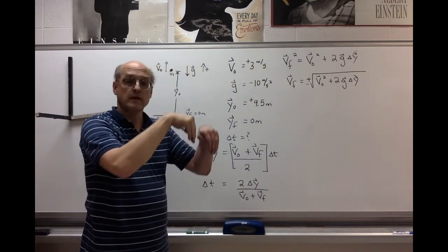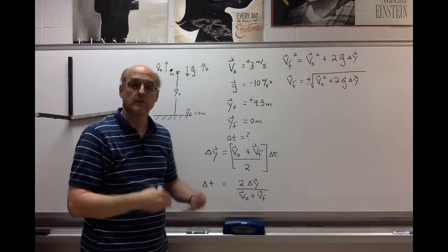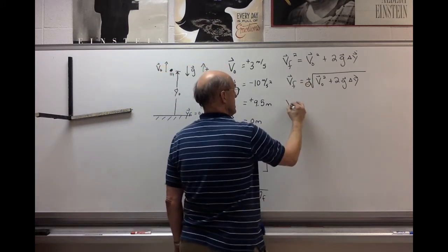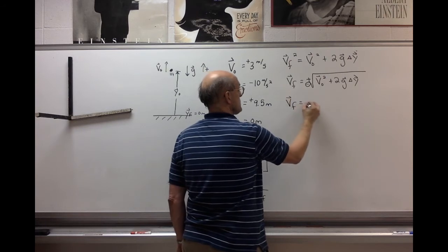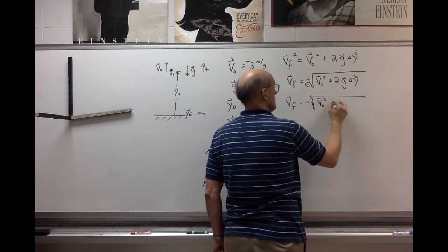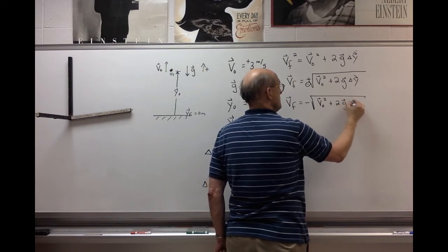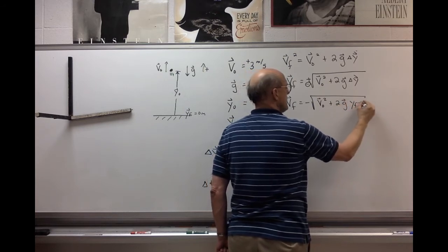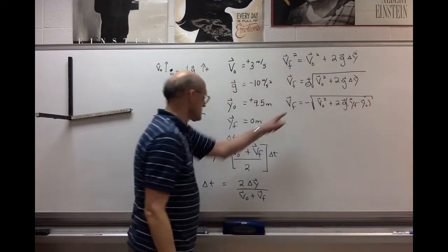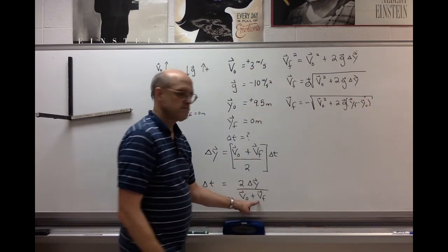Now, I know it's going downward, so I'm going to choose the negative answer. So we have VF then is equal to the negative of the square root of VO squared plus 2G delta Y, which is YF minus YO. Now I'm going to substitute that into this expression.